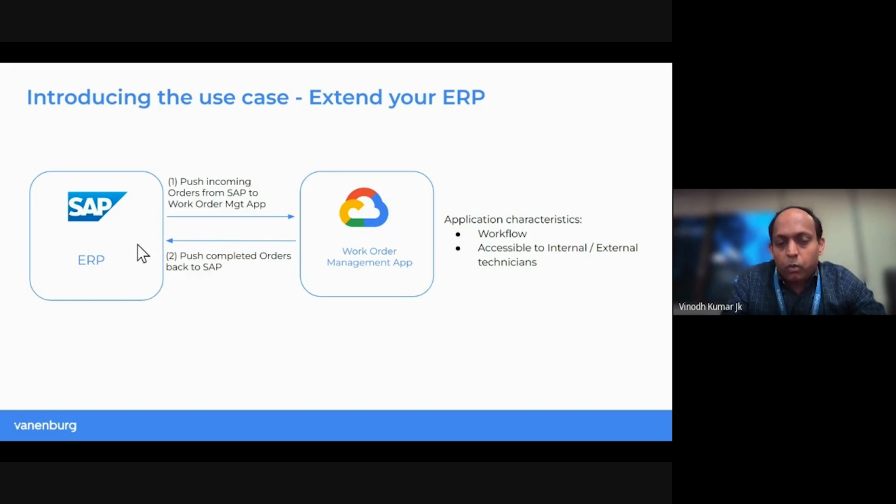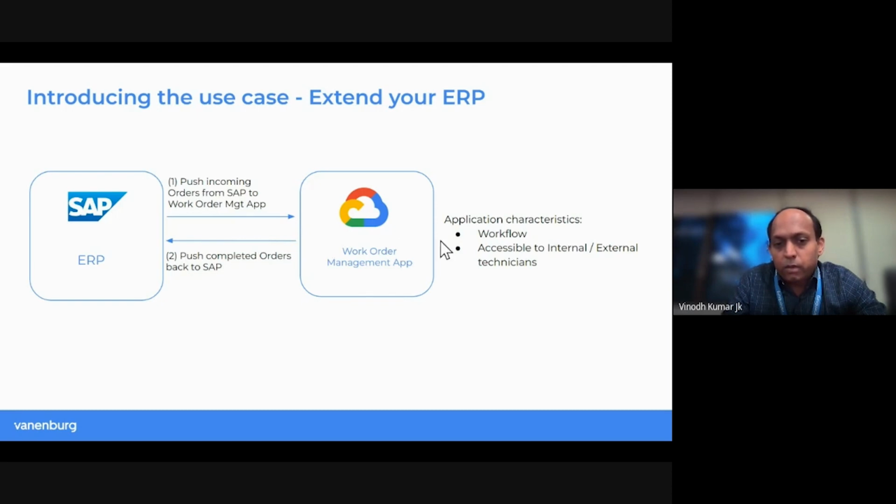So for that, what frequently happens is that in the customer scenario, they want to build the new features as a separate application and integrate it with their existing systems. So it could be an existing ERP like SAP or any other ERP system, or SuccessFactors or Salesforce, etc. In this case, the demo that we are going to see is a work order management application where the work orders are getting created in SAP and get pushed with an API integration into the work order application.